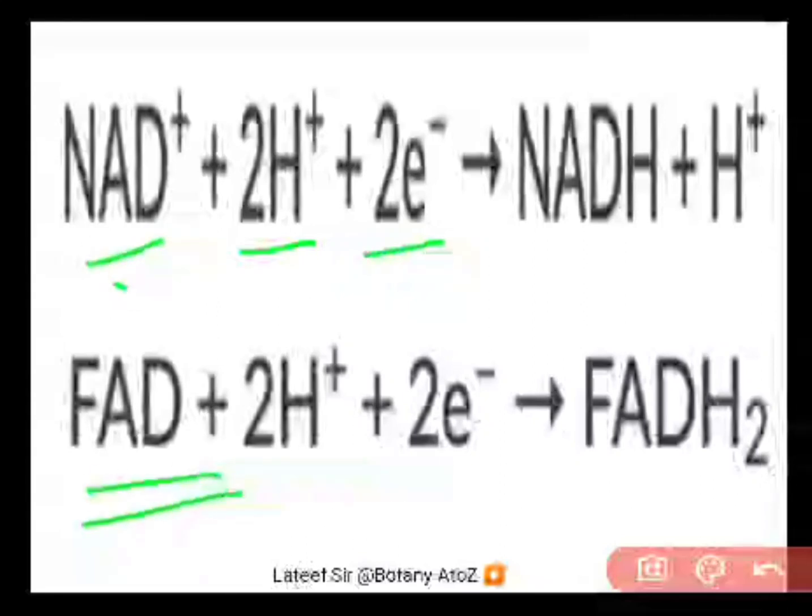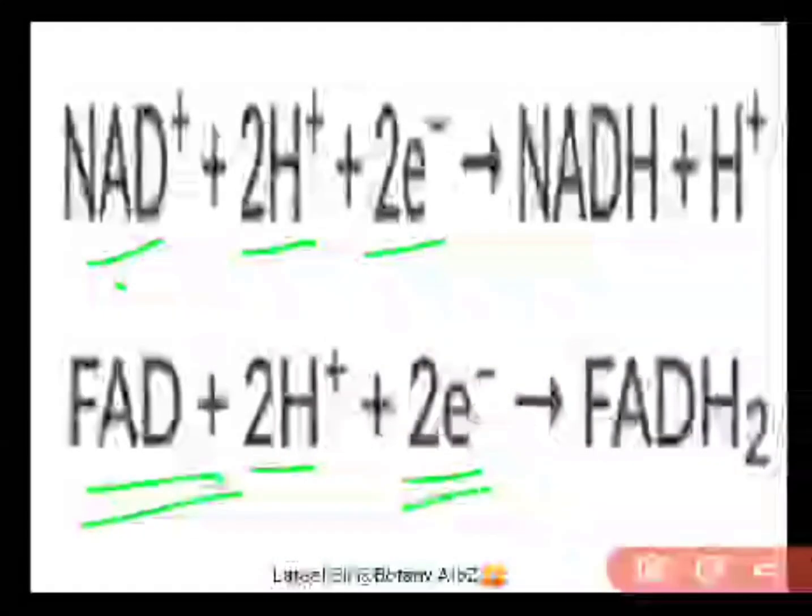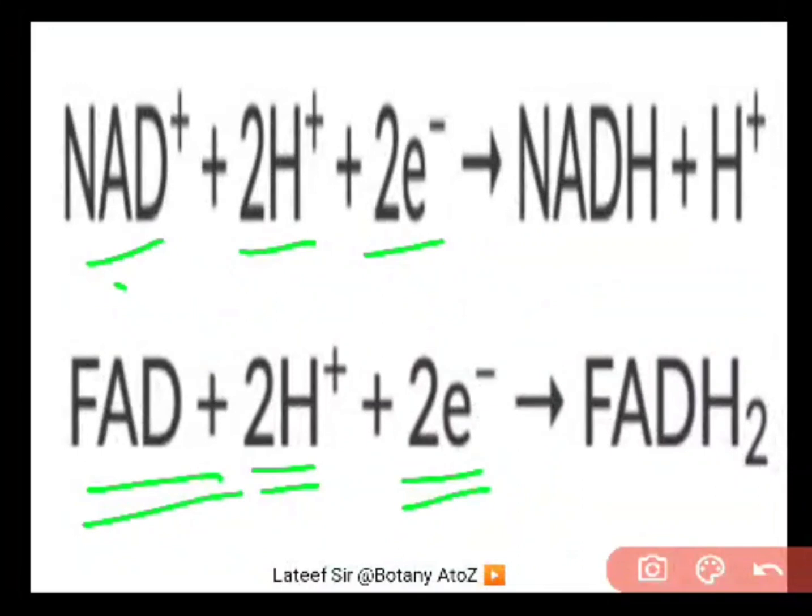Here we don't have that problem, as in the oxidized state it exists as FAD, not FAD positive. So these 2 electrons will be used to convert these 2 protons into hydrogen atoms. These will be added to FAD, and FAD will get converted into FADH2.